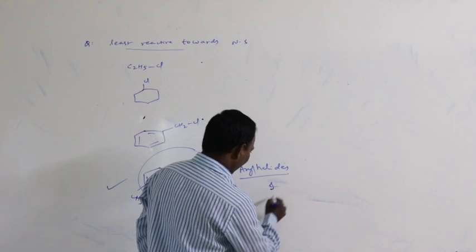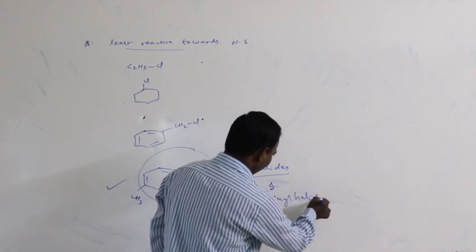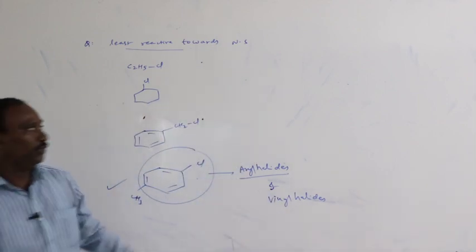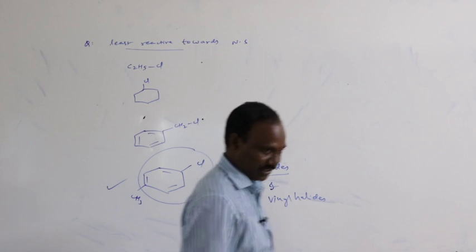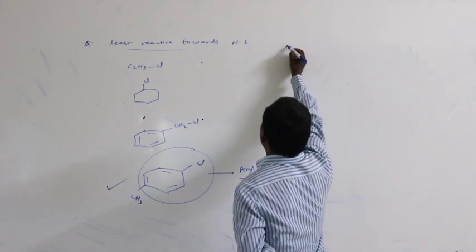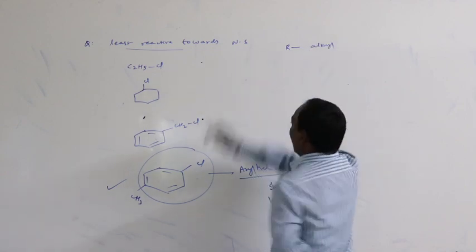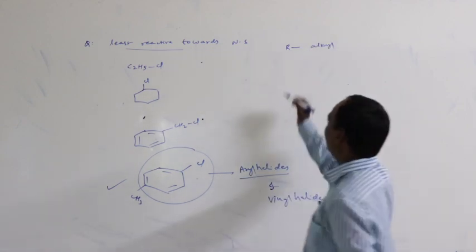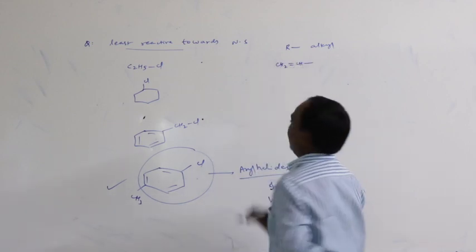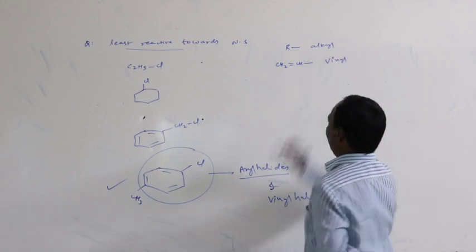Aryl halides and vinyl halides are least reactive towards nucleophilic substitution reactions. For example, if only your R group is present, this is called an alkyl group. If CH2=CH group is present, this is called a vinyl group.